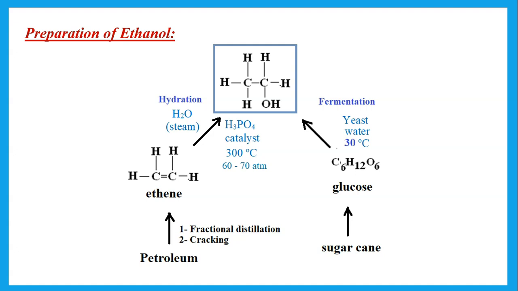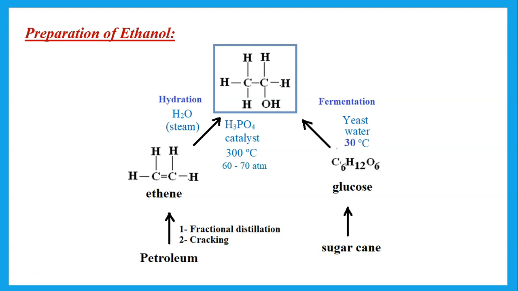This is a renewable resource, and we don't need to heat to a very high temperature, so this process is actually less expensive. But the disadvantage is, first of all, it is a slow process.